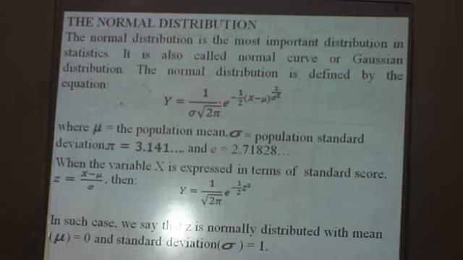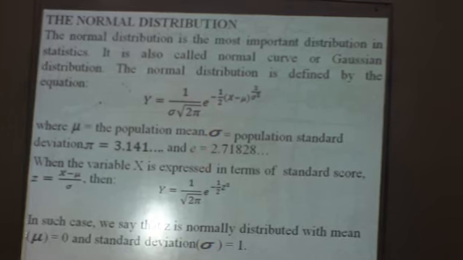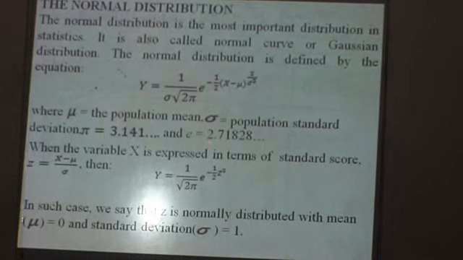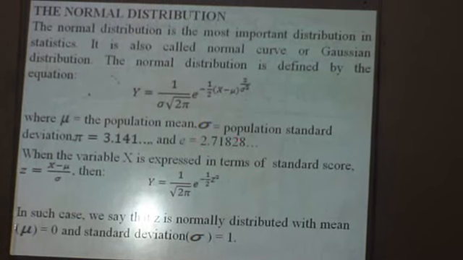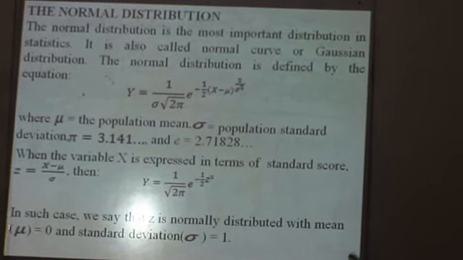So here, looking at the equation, the x here is the random variable, the u is the mean, the population mean, the rho is the population standard deviation, then the pi is of value 3.14 and so on, and the e, the symbol like the e is called natural log of 2, which is of value 2.71828 up to.